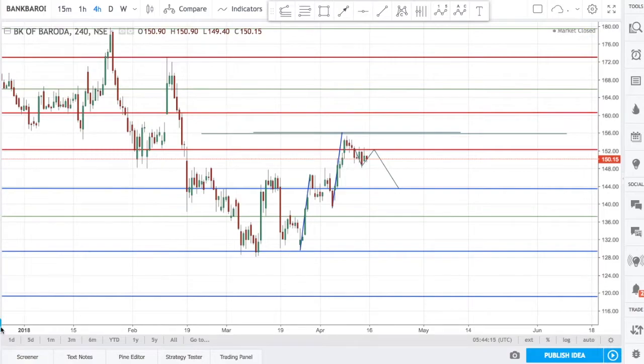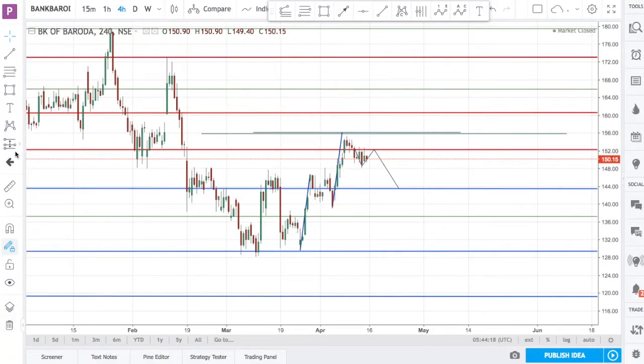Now let's pick our target placement tool and see where we can place our targets and our stop loss.